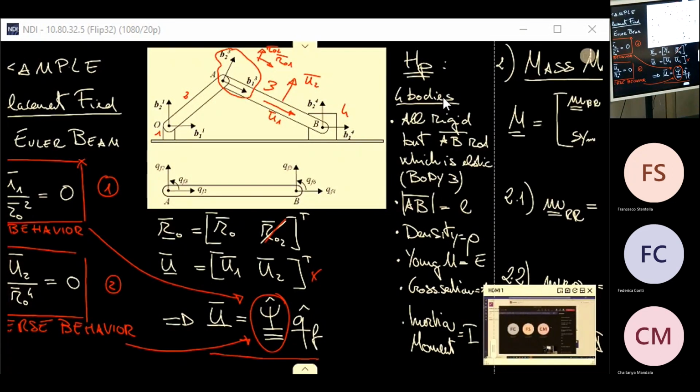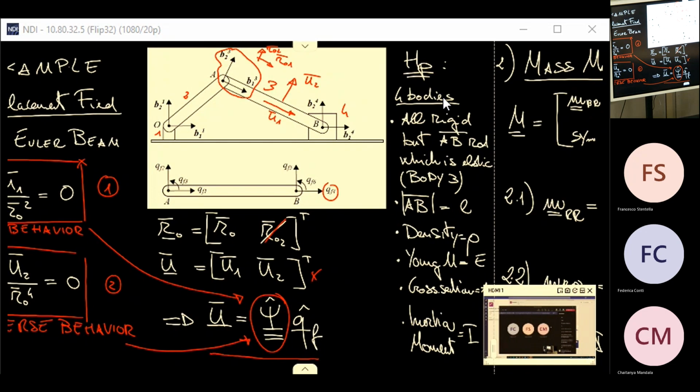Q4, if you remember, is the only elastic coordinate which has been left associated to the axial deformation. So that term, EA divided by L, being multiplied to QF4 makes sense because that is the axial rigidity. And this is the only axial deformation coordinate which has been left. So it makes sense, this coupling.